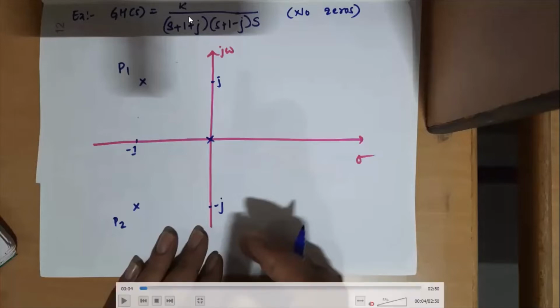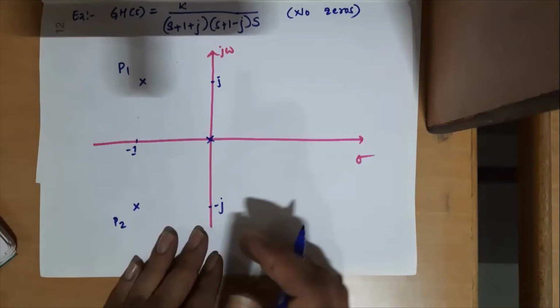Yes. -2/3, because you need to sum up all the finite poles, minus the sum of all the finite zeros, divided by P minus Z. If you sum up all the finite poles, plus j and minus j will cancel. We will have only -1 and -1, which are added to get -2, divided by P minus Z, which is 3. The centroid is -2/3.